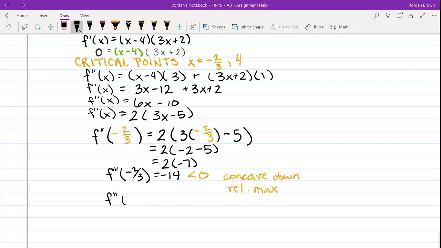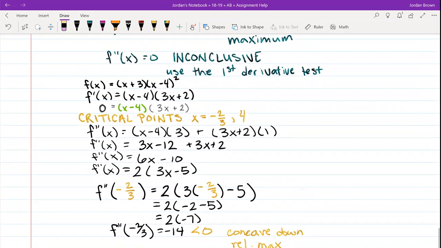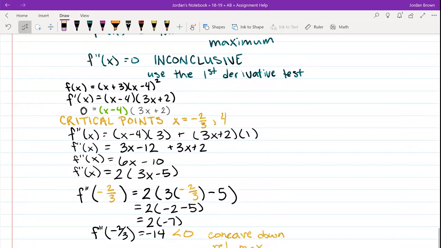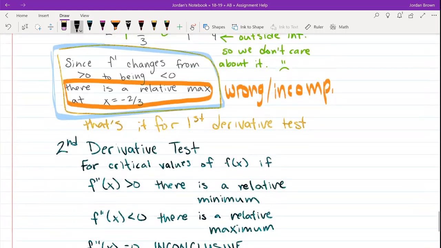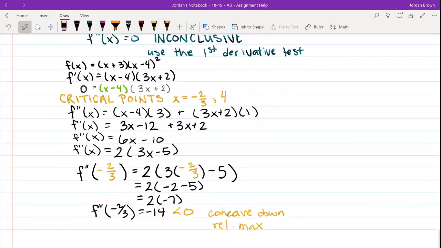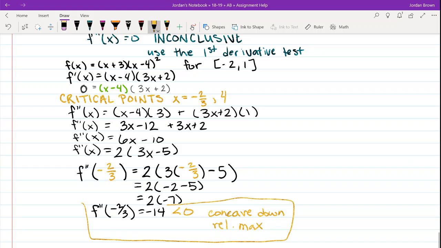And we won't need to test the 4 because it's outside of the interval, right? Because our interval was what, -2 to 1? Yes. So our final answer is just this.